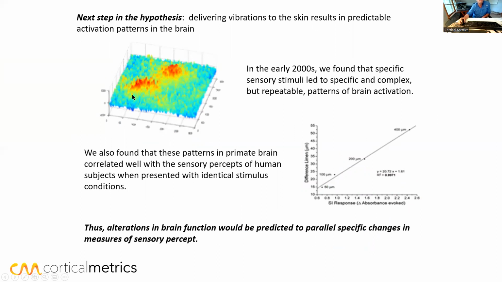This was in an animal, non-human, but at very high, micron resolution. Then we compared that with measures of sensory perception, and those comparisons correlated very nicely. Straight lines are good when you're looking at correlations, by the way.